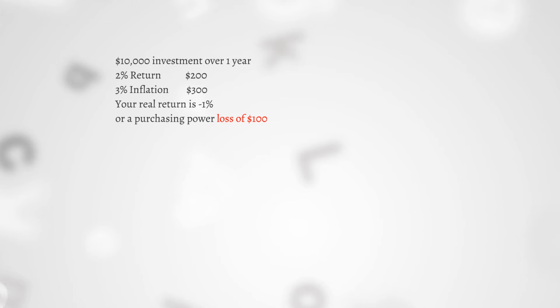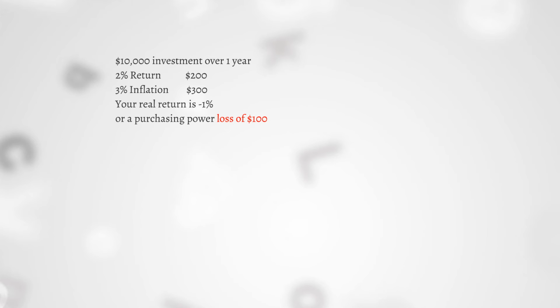We have a $10,000 investment for 1 year, and we want a 2% return on our investment. If we settle for 2%, inflation might be 3% over the course of this year, so that your real return is actually negative 1%. You've had a purchasing power loss of $100.